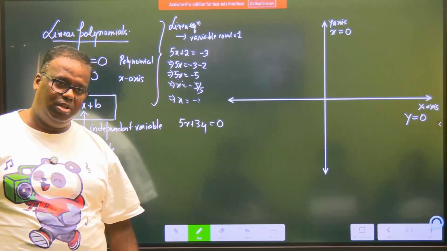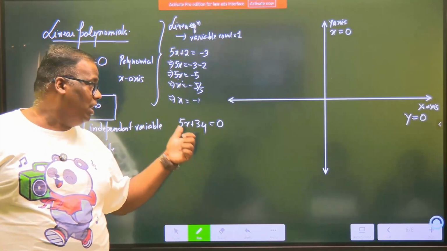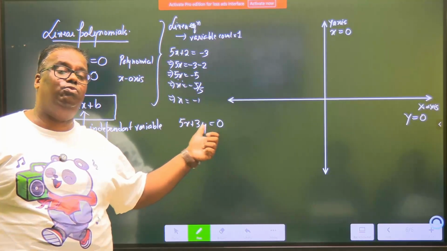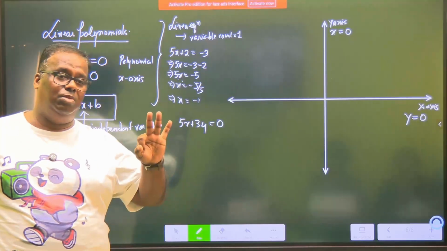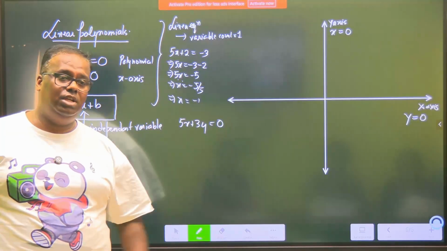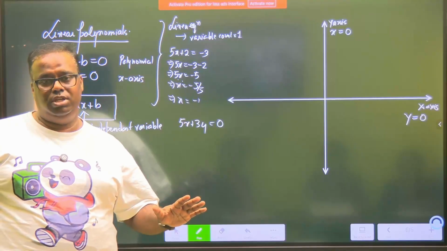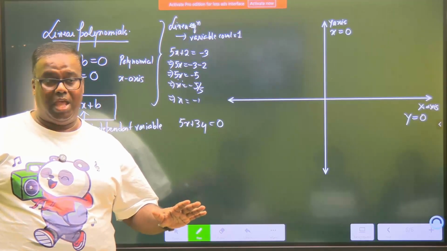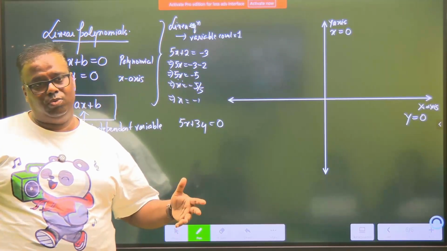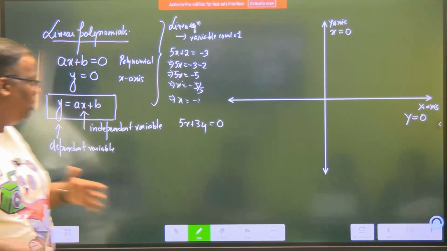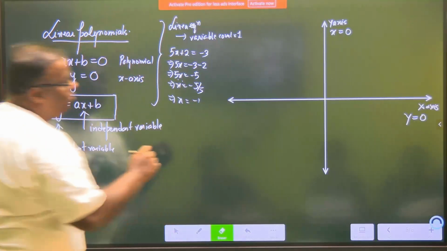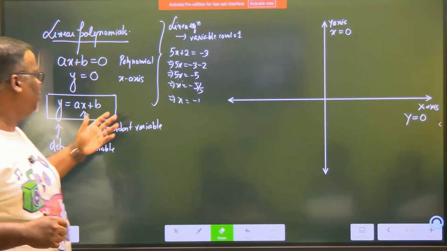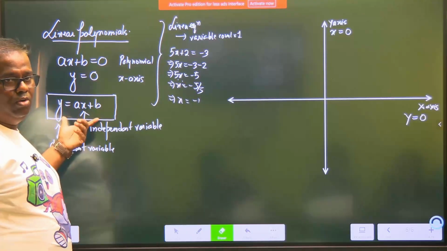In grade 12, we will have 5x plus 3y plus 4z equal to 0. How many variables? 3 variables. So how many equations will you need? 3 equations you will need to solve it. As many variables, as many equations. Is this getting clear? Now we are doing only linear equations, and we are trying to see how to solve this.